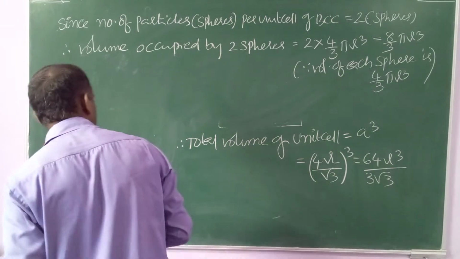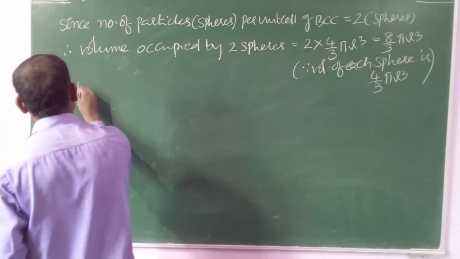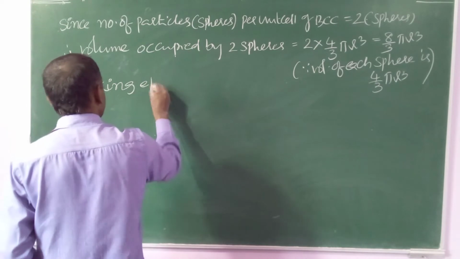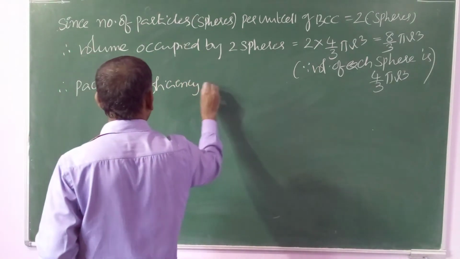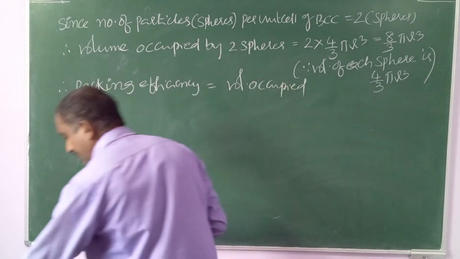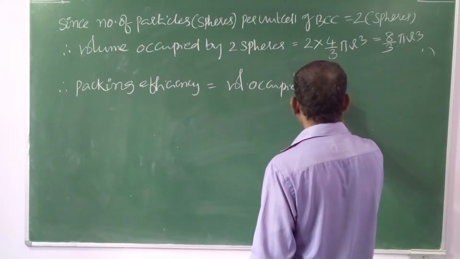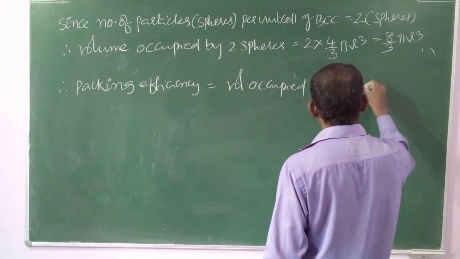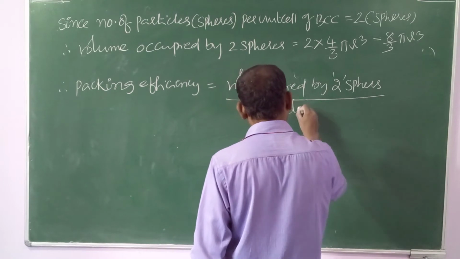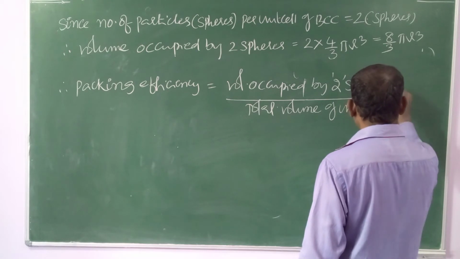Therefore, packing efficiency equals, write down the formula: volume occupied by 2 spheres by total volume of unit cell, into 100, since packing efficiency means percentage.